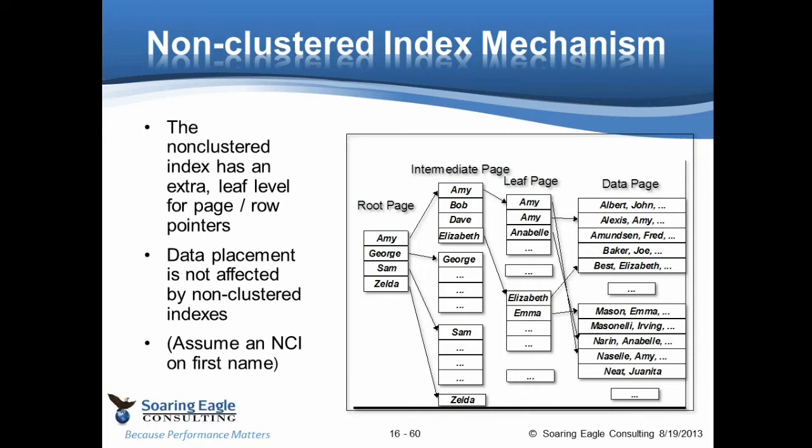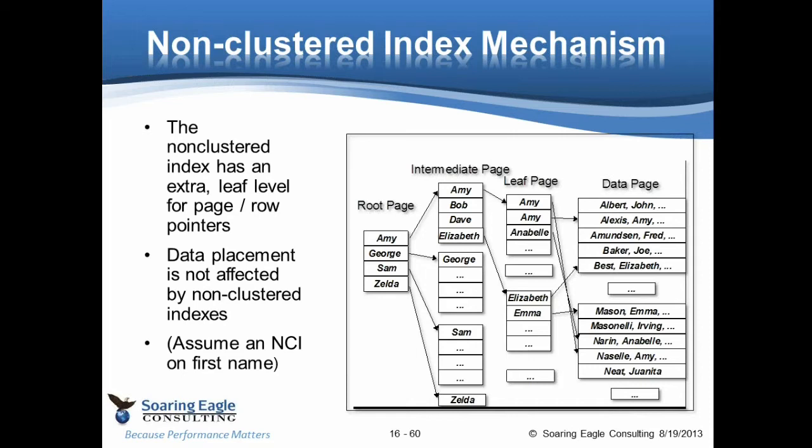Here, I'm creating an index on first name. Now, because I need an entry for every single row of data that I want to find, I will have an entry in the leaf page for every row of data. 20 million rows, 20 million entries in the leaf pages. Once I have that large number of leaf pages, I build the intermediate pages in the non-clustered index the same way I did for the clustered: an entry per page until I get to the root page.